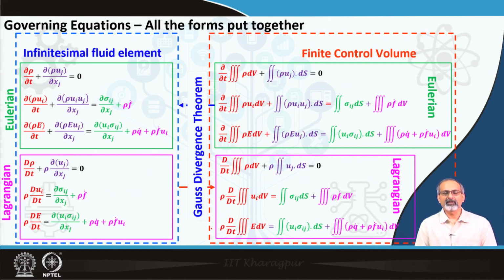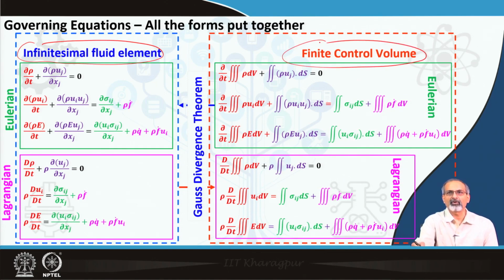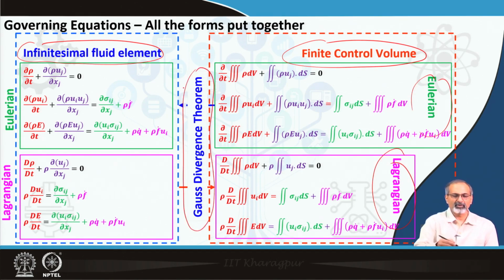So, once again, before I finish this lecture, look at the different forms that you have over here: the infinitesimal fluid element form, the finite control volume form, the Eulerian, the Lagrangian, and the Gauss divergence theorem, which communicates between the two sets. The different forms of the equations, the integral forms that you see here, the differential forms that you see over here.